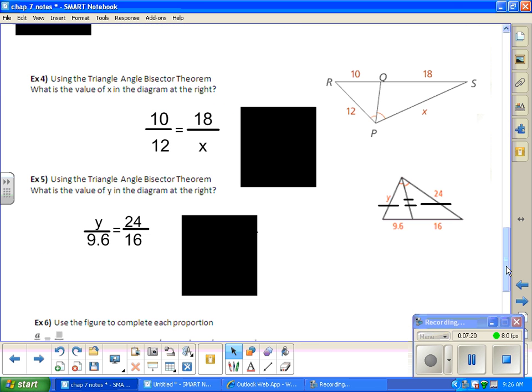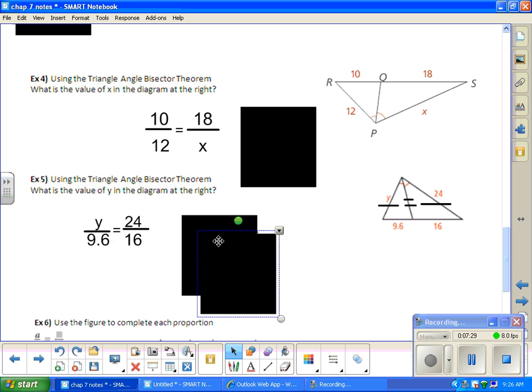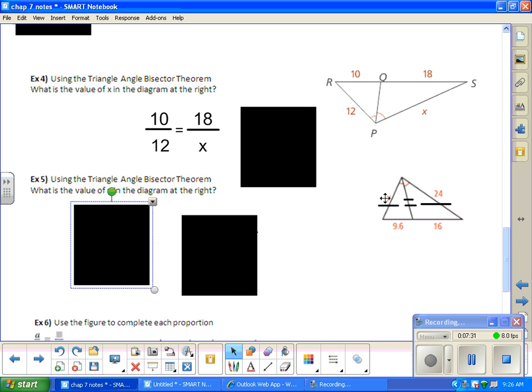And the last two examples, example 4. Using the triangle angle bisector theorem, what is the value of x in the diagram at the right?